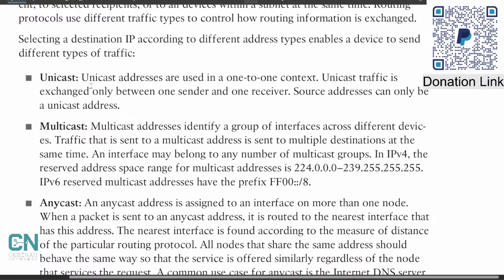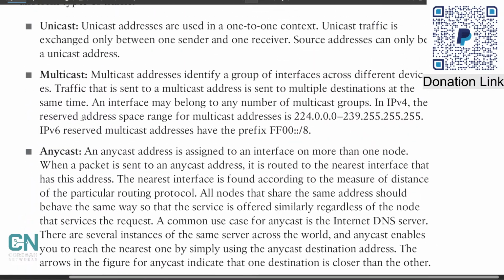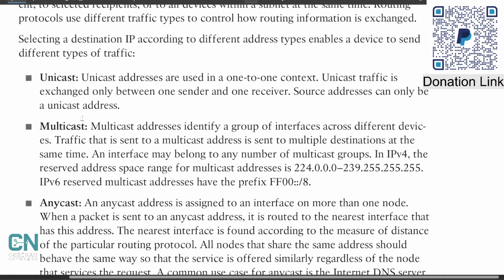Unicast. Okay, guys, we have a few traffic types, so it is important to know about them. I want to describe them one by one, and if you have a question here, please ask me.